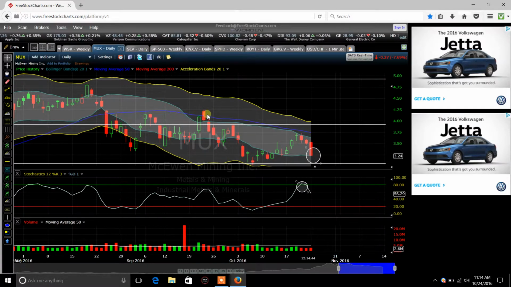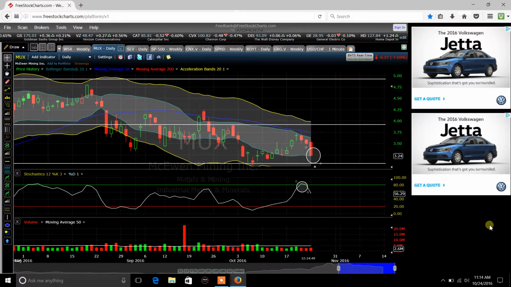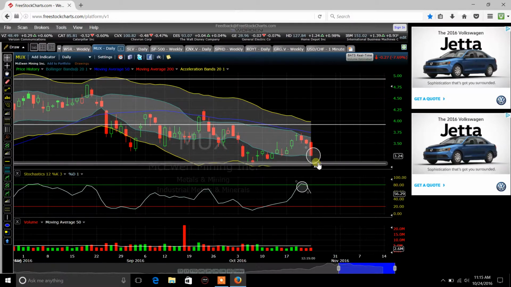The blue line here is the moving 50-day average. I'm not really paying too much attention to that, other than it's acting as resistance on the daily chart here, which again means there's a good chance the price is going to drop.